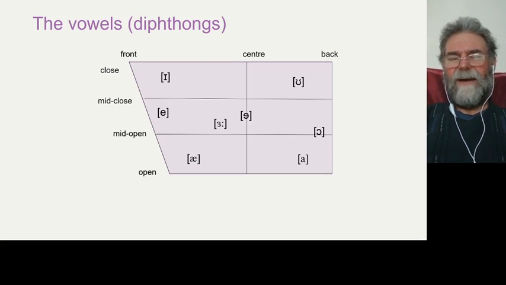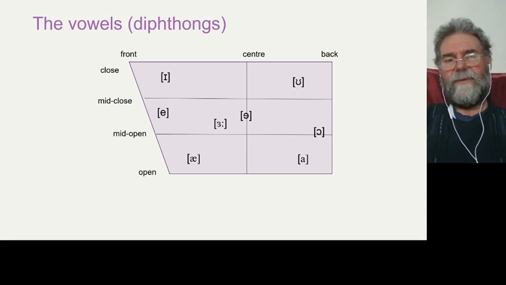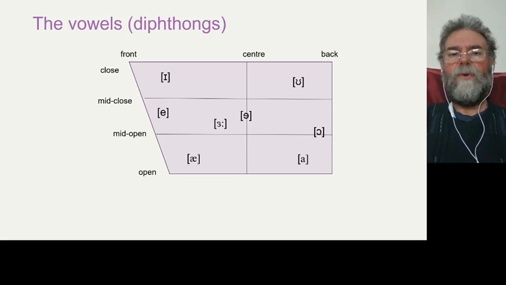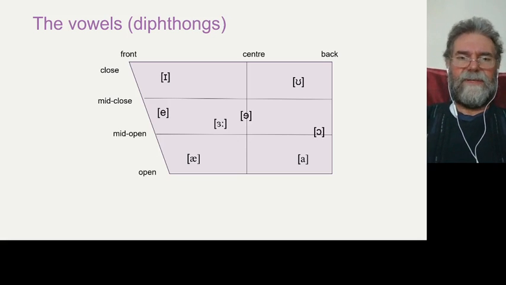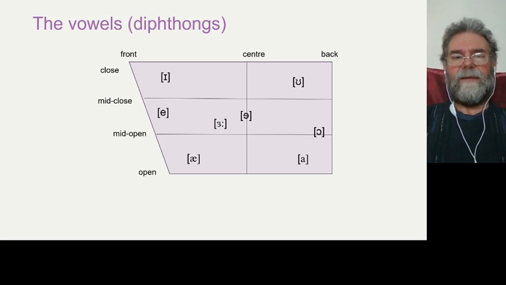Essentially, they are the vowel equivalent of the glides in consonants. They're things which start off as one thing but end up somewhere else and involve a movement from one position to another. That's why they're called diphthongs. Now, English has a number of these diphthongs. Hungarian, generally, most accents of Hungarian doesn't have any diphthongs at all.